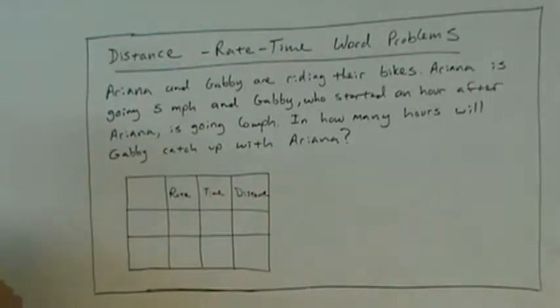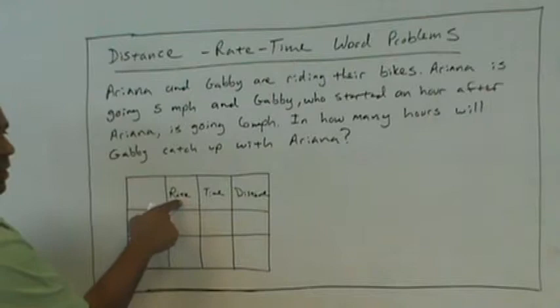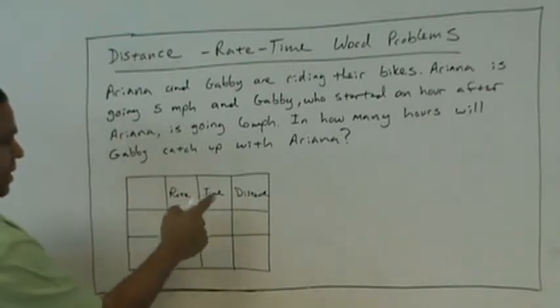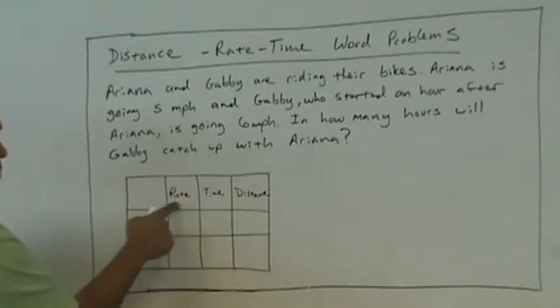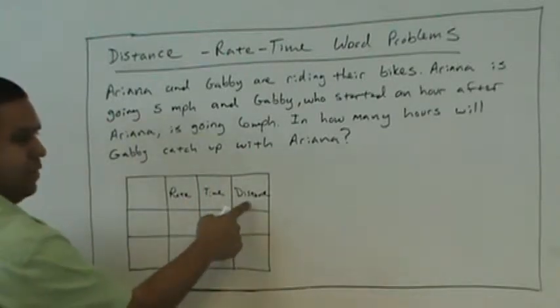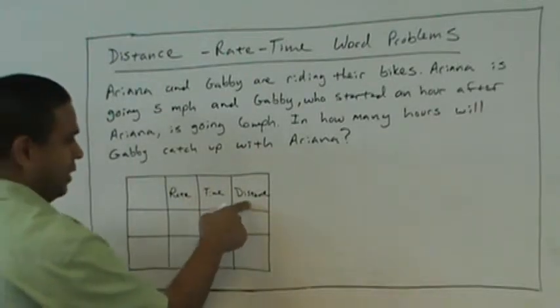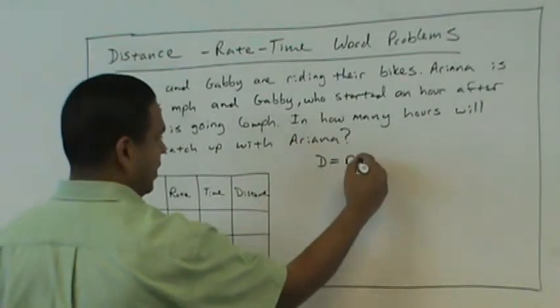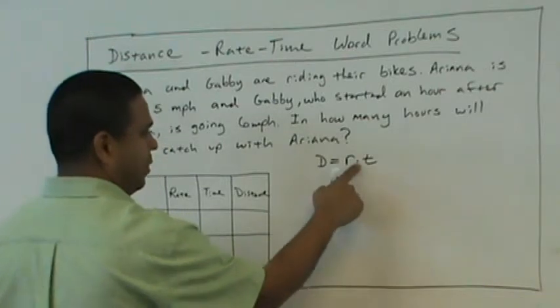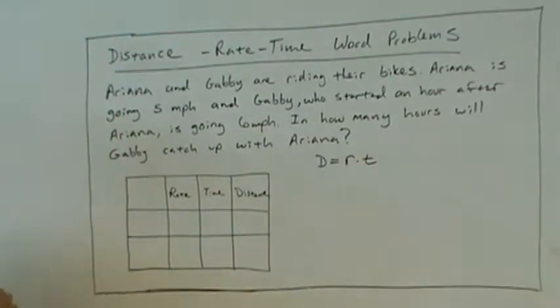So the first thing we have to learn is that a person's rate multiplied by how long they travel at that rate gives us how far they travel. So we know that our distance is equal to our rate multiplied by our time.